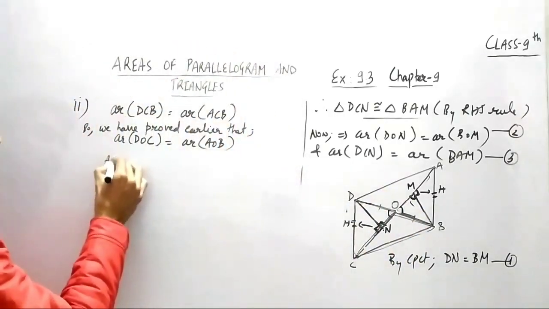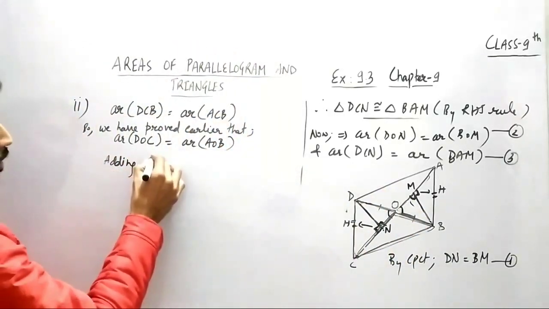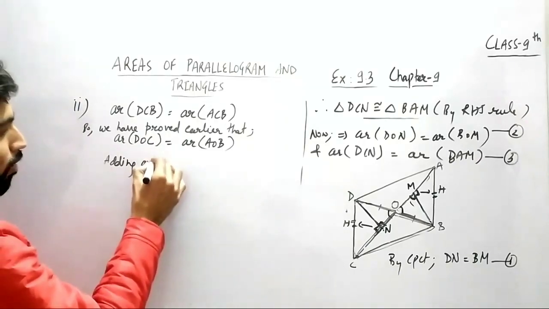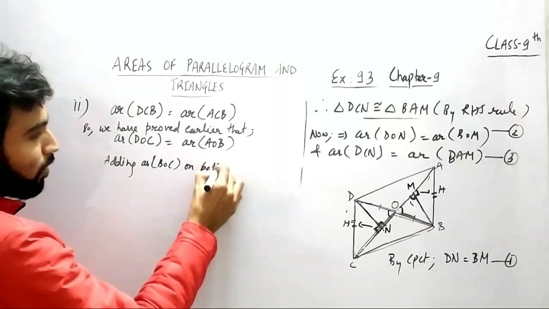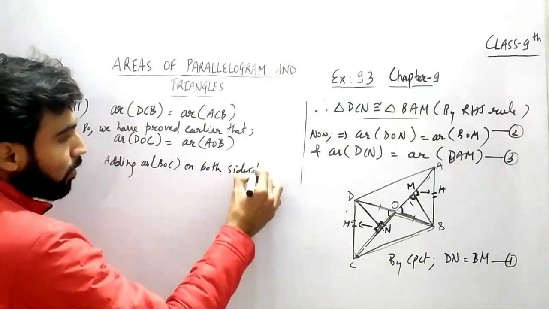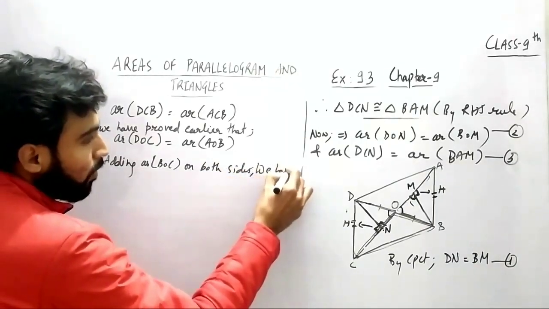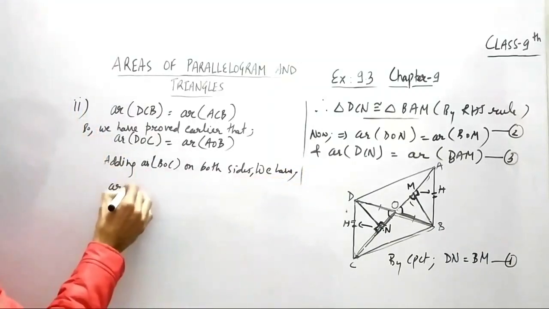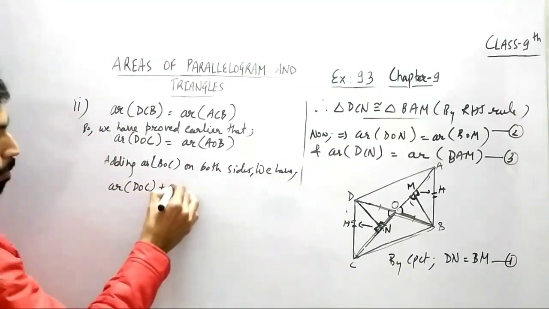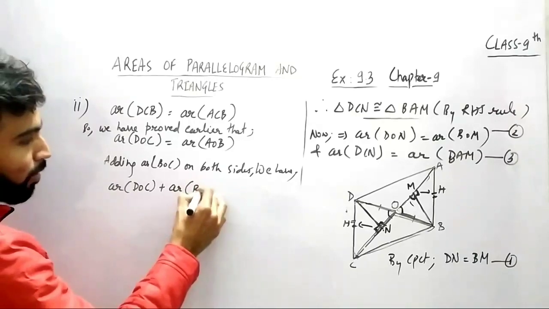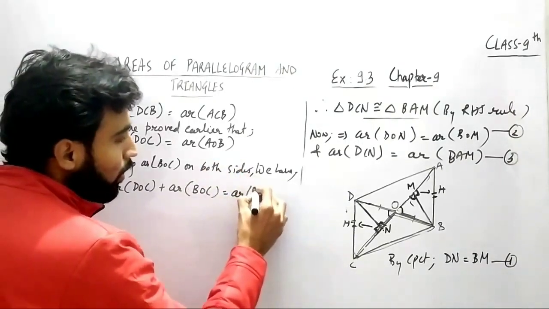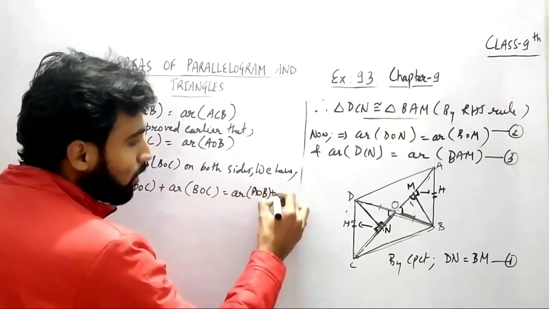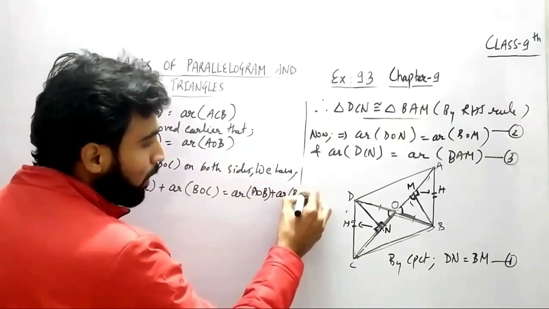So you can see adding area of triangle BOC on both sides, right? We have, so you can see अगर मैं इस साइड पे left hand side पे DOC plus area of triangle BOC equal to, again on the right hand side भी मैं क्या करूंगा, you can see AOB plus area of triangle BOC.